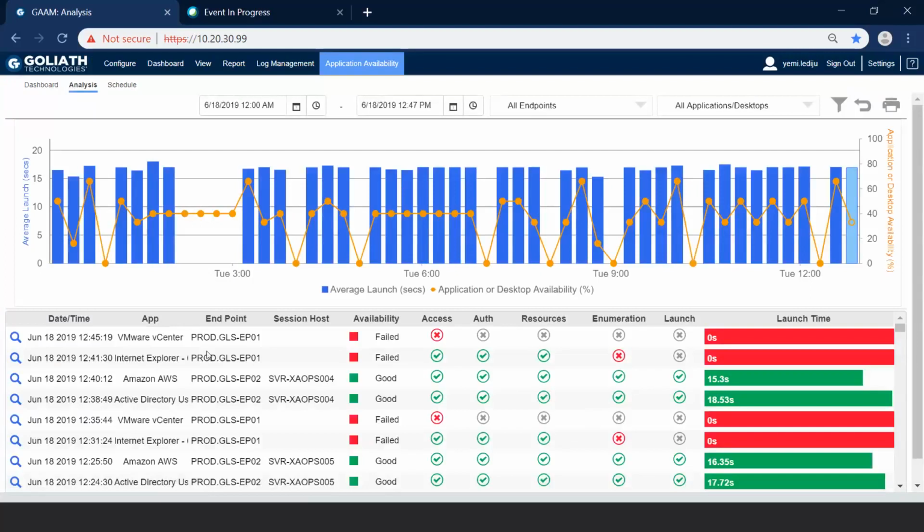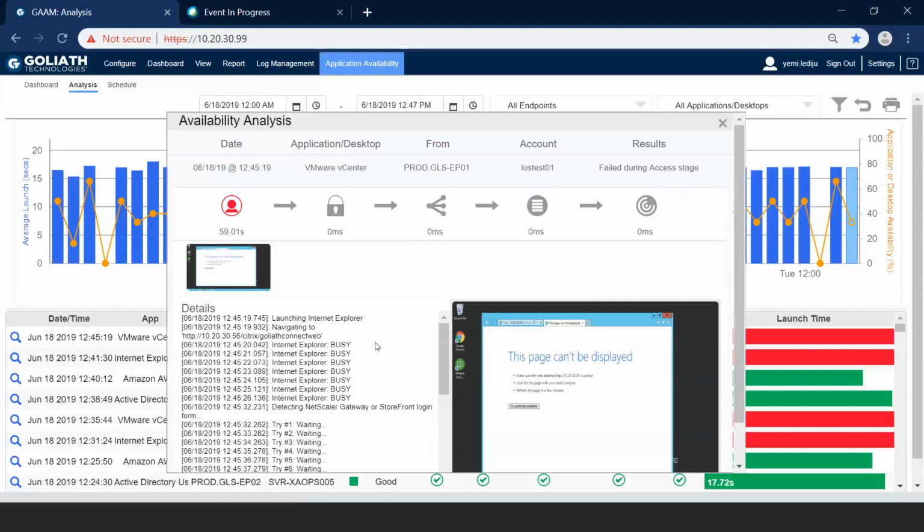Absolutely. So within one of these launch drill downs, you're actually able to see specifics on what exactly went wrong. So in this particular failure here, we're actually able to see that the storefront page was not enumerating. So, this would affect end users.